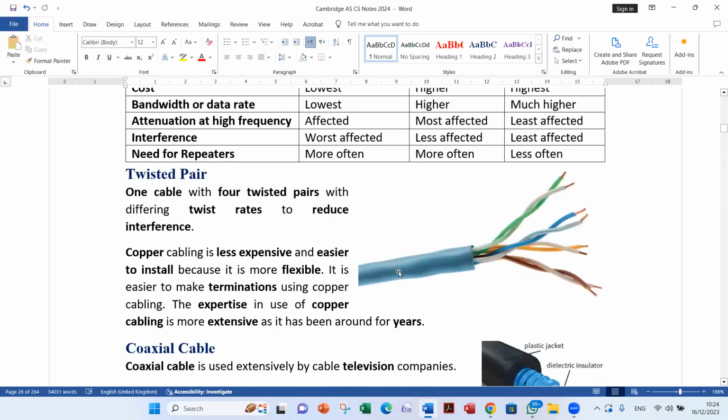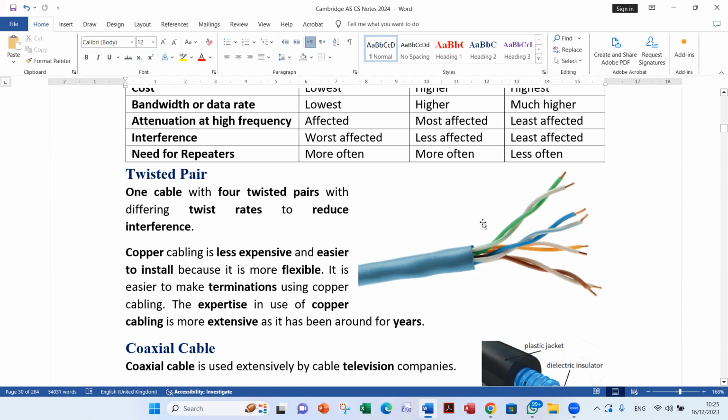This is the picture of a twisted pair. There are eight wires inside. Every pair of lines is twisted together to reduce interference between wires. This looks like parallel data transmission, as we have discussed earlier, maybe in the previous year.